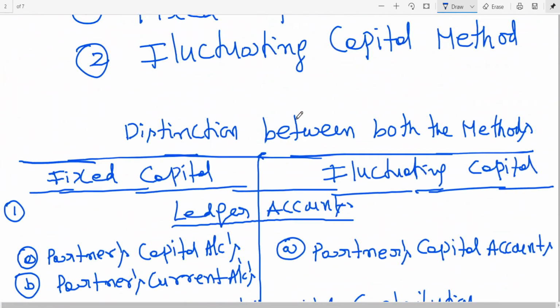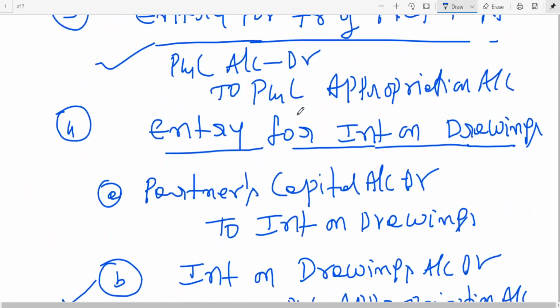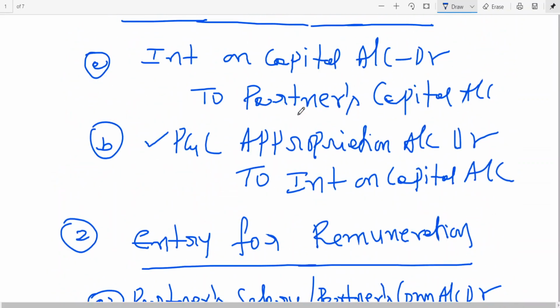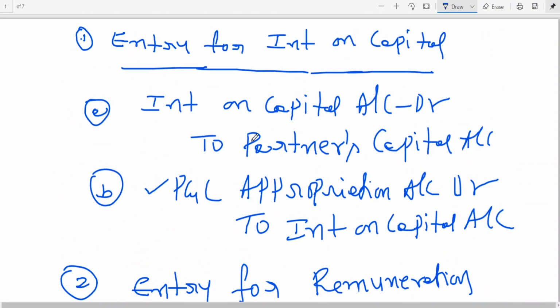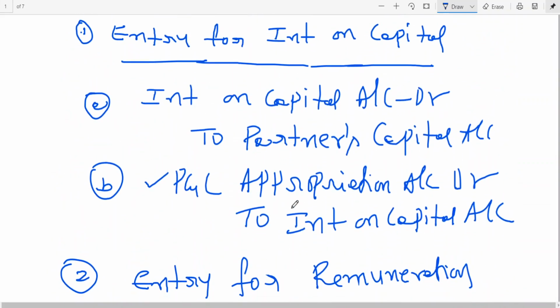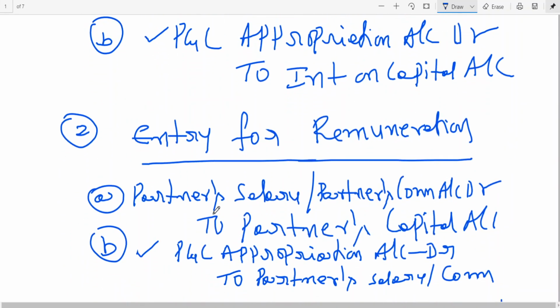Here I have explained in the beginning the entries. You can see entry for interest on capital. Entry, tell me: interest on capital to partners capital. Entry for remuneration, salary, commission to partners capital account. If it is fixed capital, fluctuating capital. If it is fixed capital, in place of capital account you also can write which account? Current account. Is this clear?